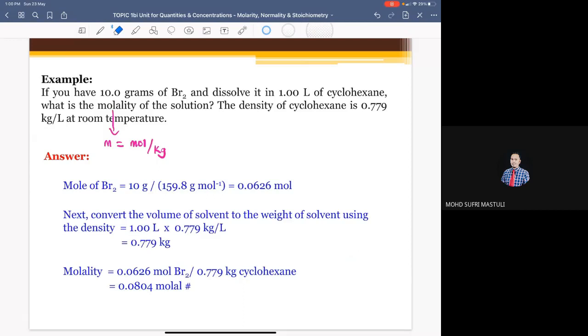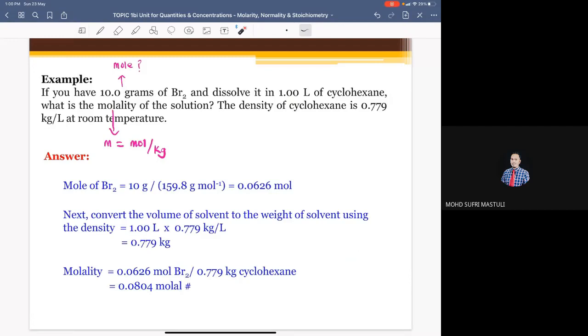So first you have to calculate the mole of Br2. You are given here a gram, so this gram you have to convert into mole. And then after you get the mole of Br2, because molality is per kilogram, now the cyclohexane is given in the unit of volume, 1 liter.